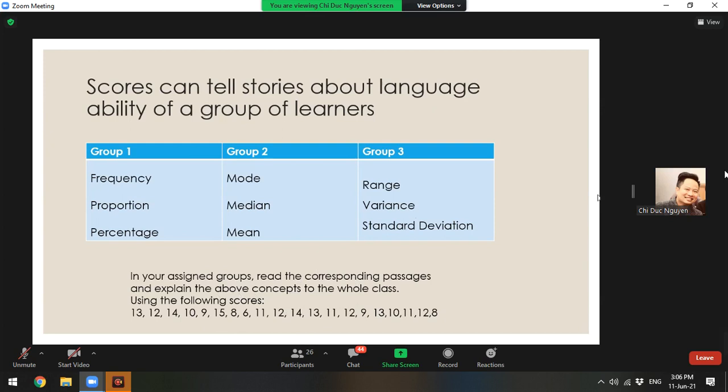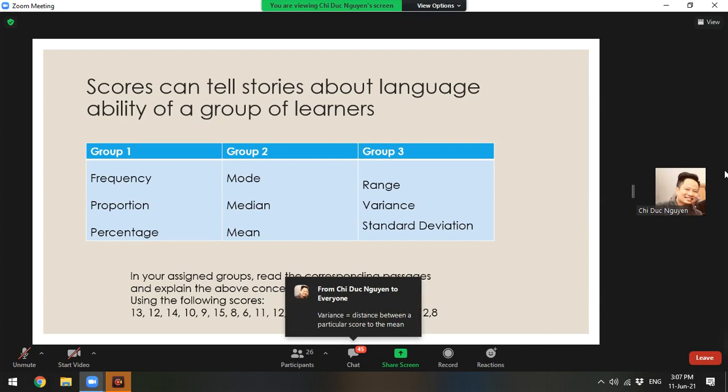So what does this mean for standard deviation? Standard deviation is going to be the distance between... I would like to start with the variance first before I come to the standard deviation. So variance is going to be the distance between a particular score and the mean.